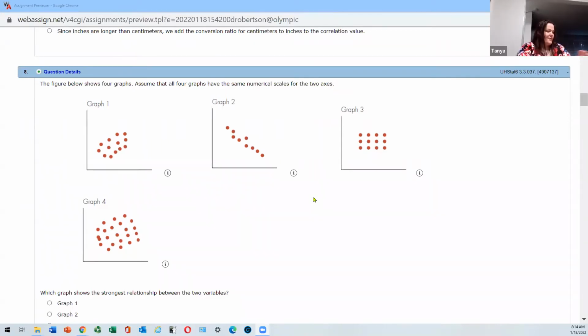Now, when you look at 3 and 4, would you agree that they are not very linear? 4 is not very linear because it looks like a shotgun blob, and 3 is not very linear because it looks a bit like rectangles, doesn't it? So would you agree that both of them have very weak R values, very close to 0? Any guesses about which one of those 2 is likely to be the closest to 0?